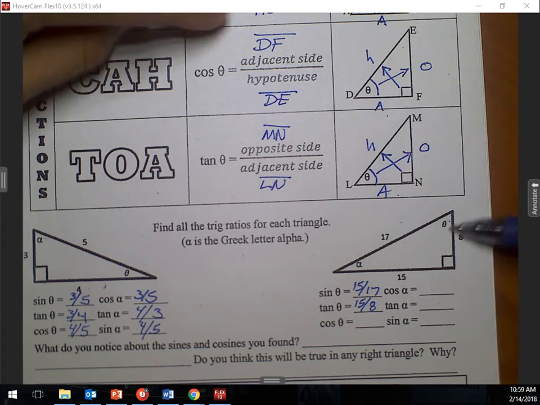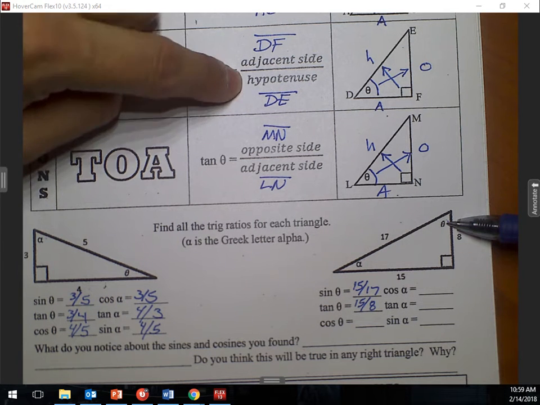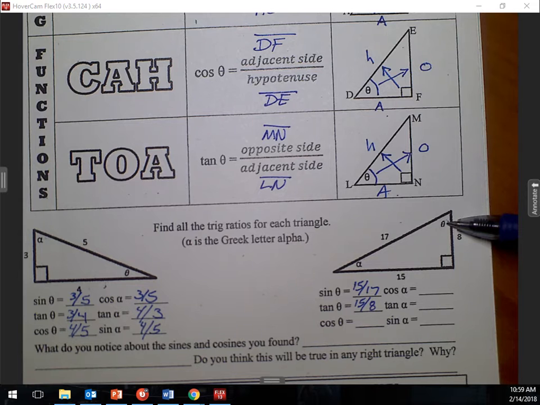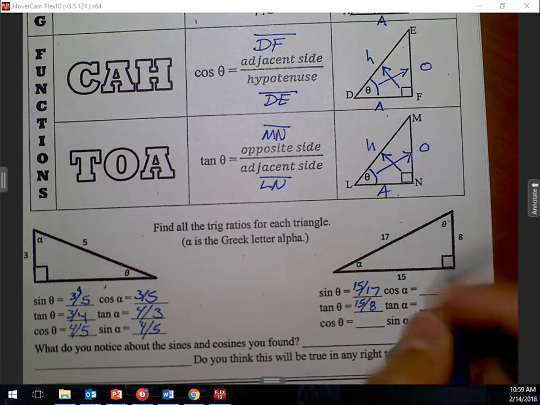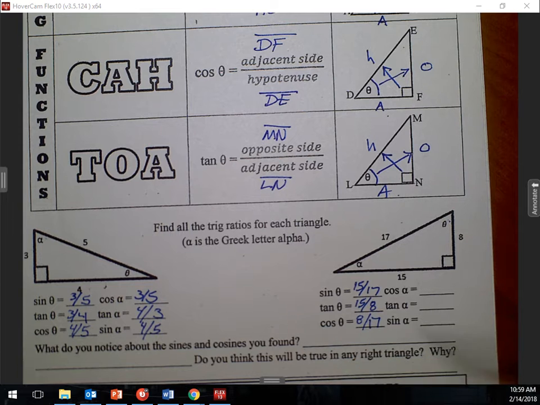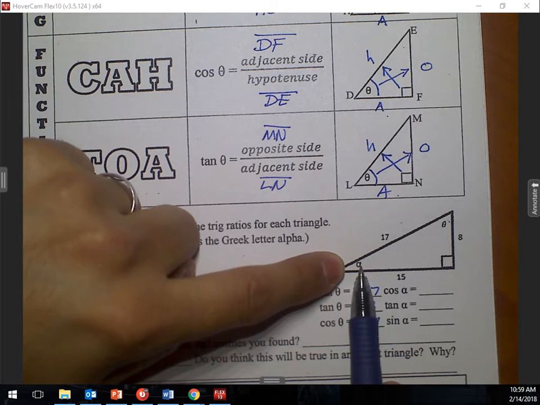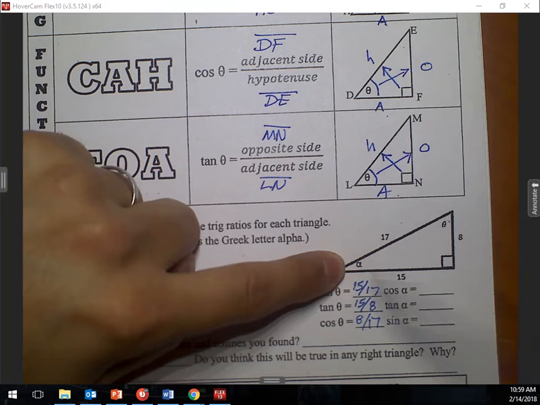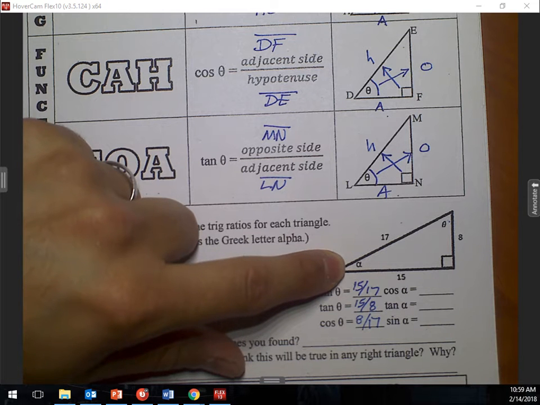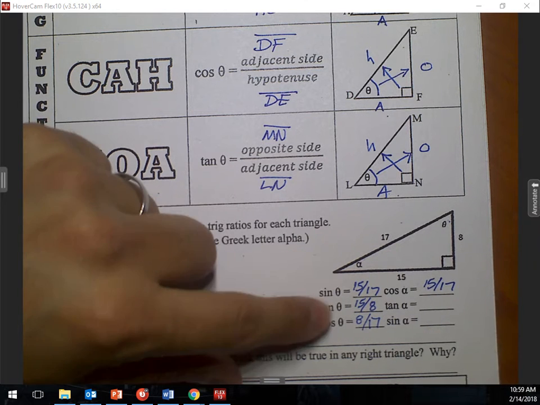All right. Cosine. So cosine of theta. Cosine is supposed to be adjacent over hypotenuse. Adjacent is? 8. 8 over 17. Now we're doing it from alpha here. So from alpha, what is cosine of alpha? Adjacent over hypotenuse, so that's going to be 15 over 17.